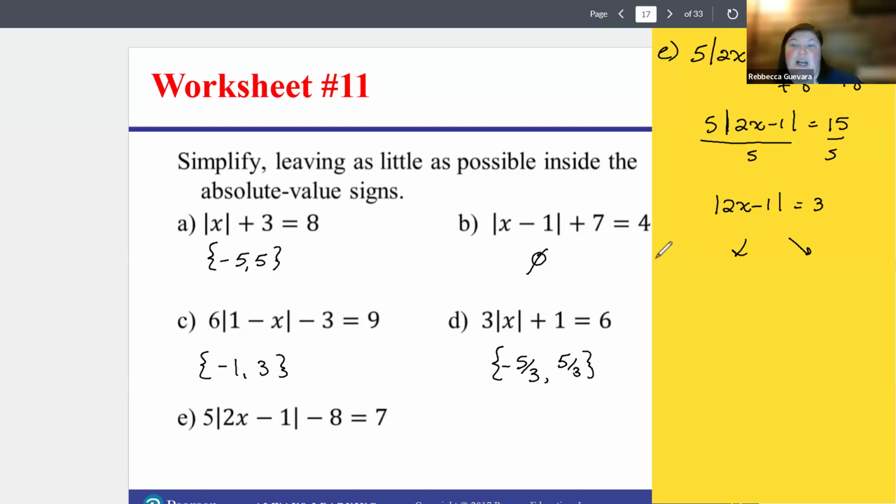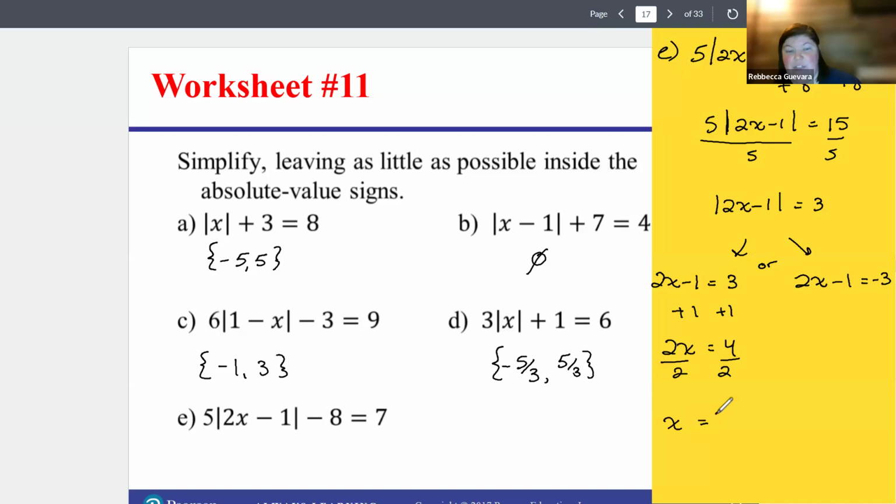So I have two options for equations here. Either that 2x minus 1 in the absolute value is equal to the positive 3, or that 2x minus 1 in the absolute value is going to be equal to negative 3. After that, we'll just solve each one of my two equations. 2x minus 1 equals 3, add 1 to both sides. It's 2x equals 4. Divide both sides by 2.